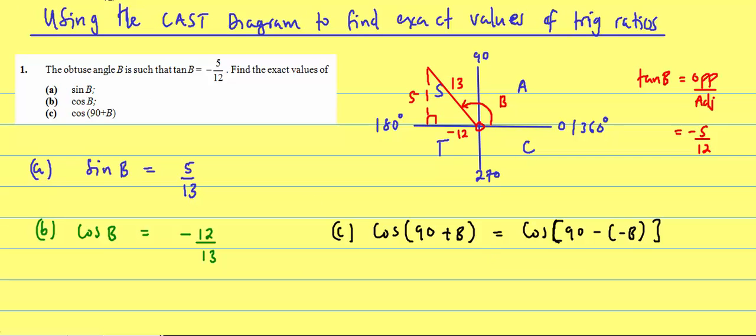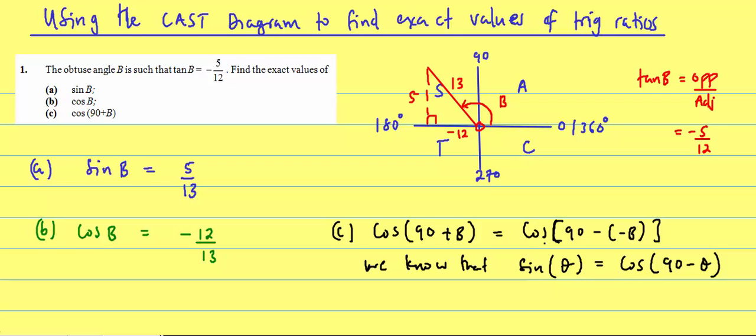We know that the sine of theta is going to be equal to the cosine of the complementary angle, which is 90 minus theta. So the sine of theta is equal to the cosine of the complementary angle.